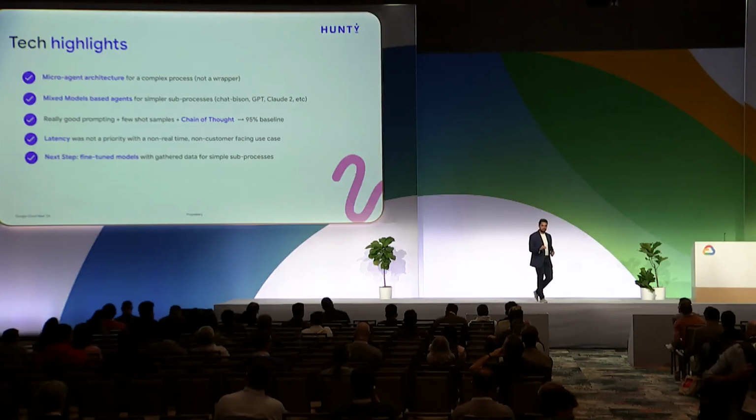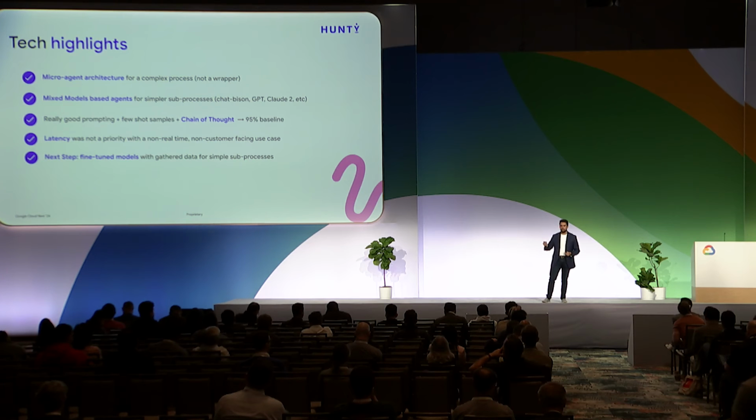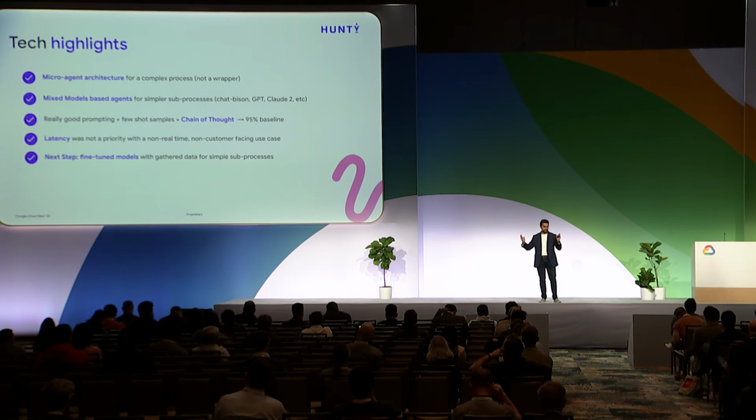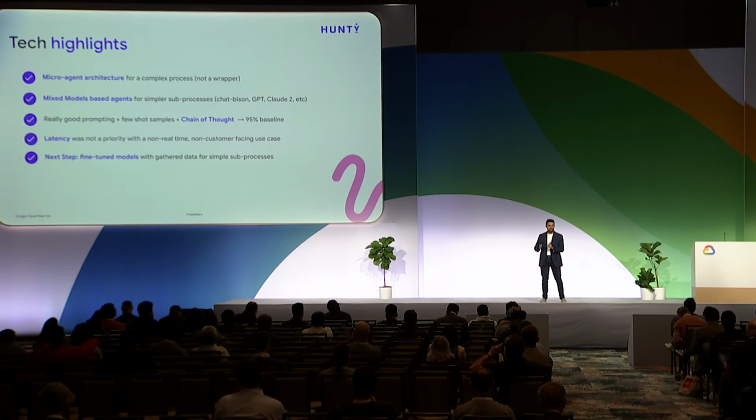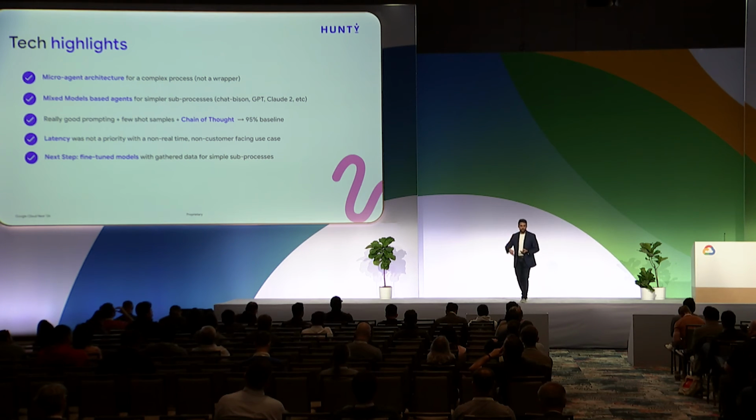So we noticed that using smaller agents on smaller sub-processes works better. We have this complex process, and we are replacing humans in that process by decomposing it into simpler sub-processes and assigning a special agent to each one of them. And those agents are not the same model under the hood, right?